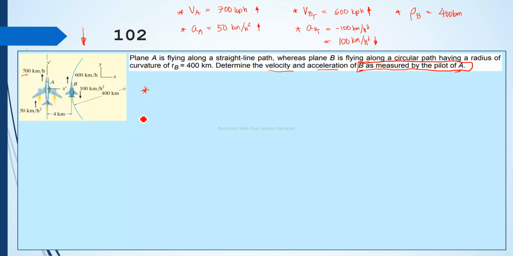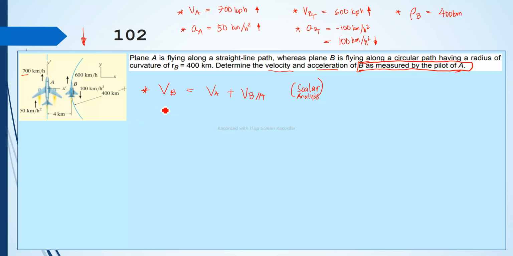So let's start first with the velocity. The absolute velocity of B is equal to the absolute velocity of A plus the relative velocity of B with respect to A. We can just use directly the scalar analysis because at this specific instant, there are only velocities along the y-axis in this graph. The velocity along the curvilinear path is always tangent to its path.